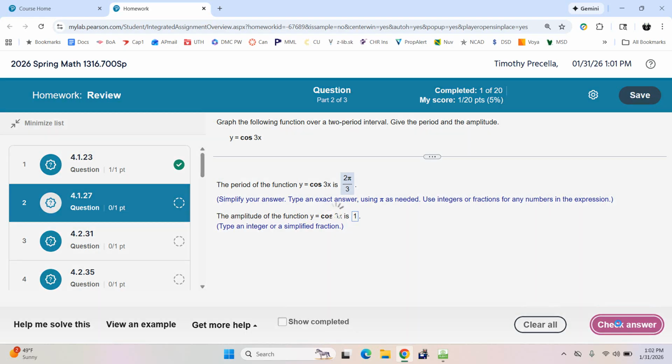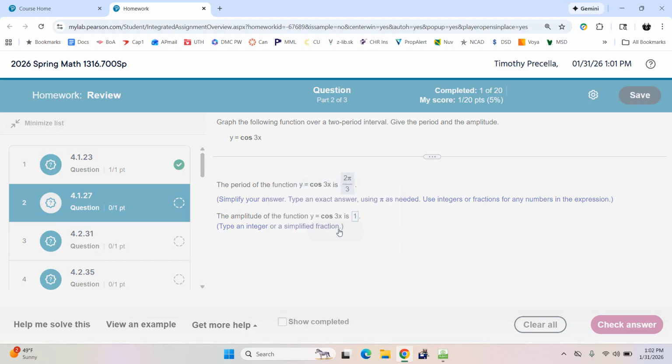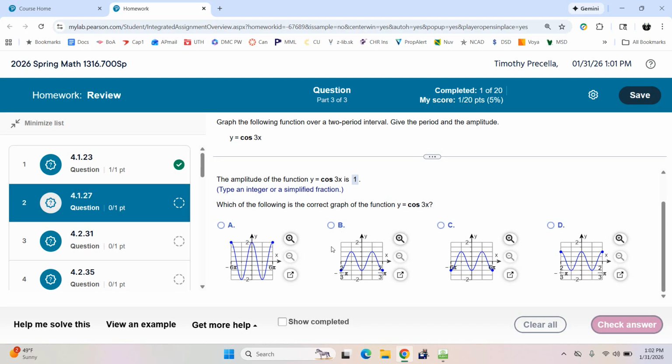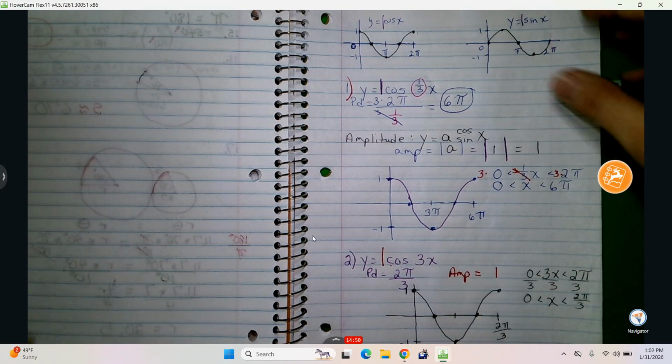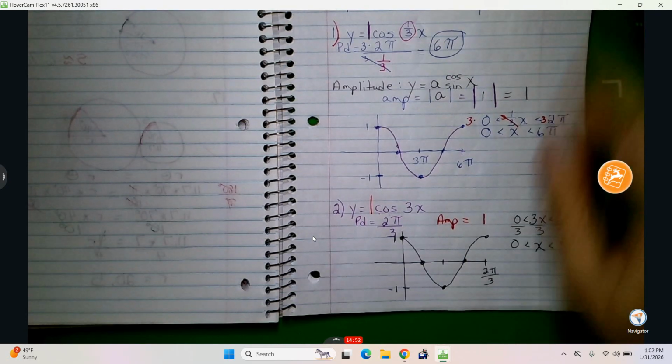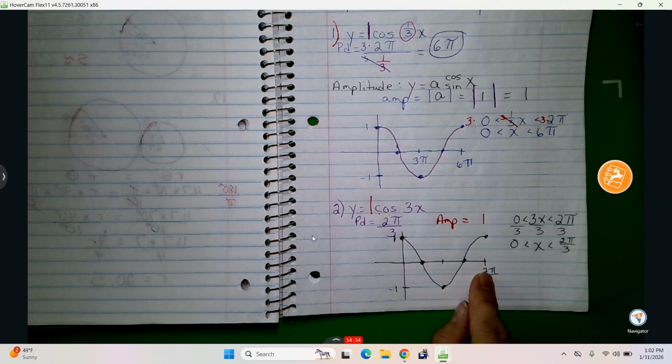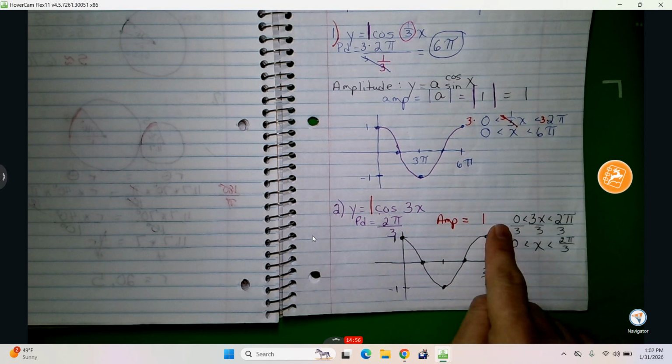Maybe we'll see one like that before it's all over. Now, I'm going to blow these up, keeping in mind that it's going to make that little cycle from 0 to 2 pi over 3. It's going to look like that.